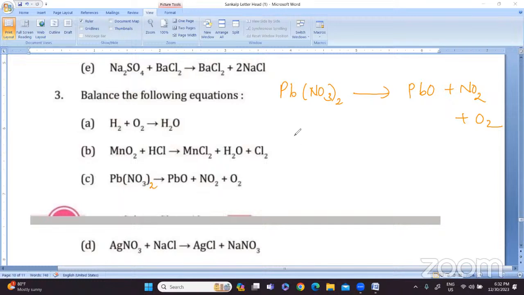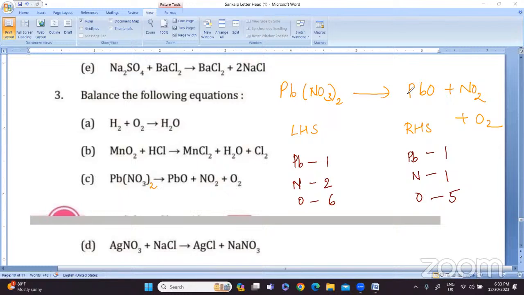So on the left hand side and on the right hand side, Pb N oxygen. Pb is 1, N is 2, oxygen is 6. Then Pb is 1, N is 1, oxygen is 5. Yes. So now how will you balance it?